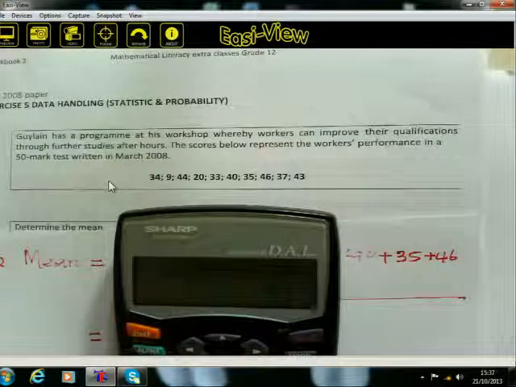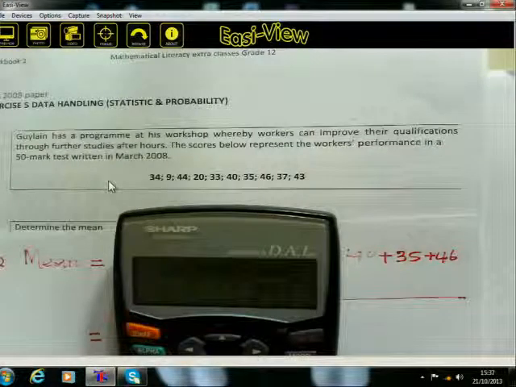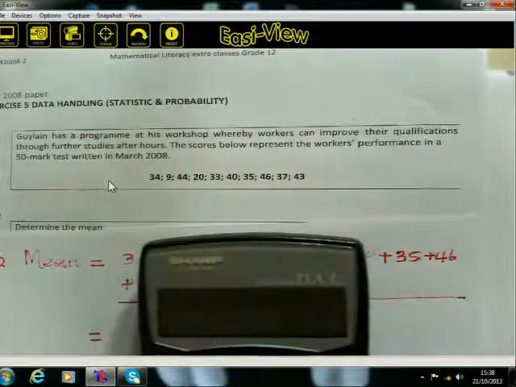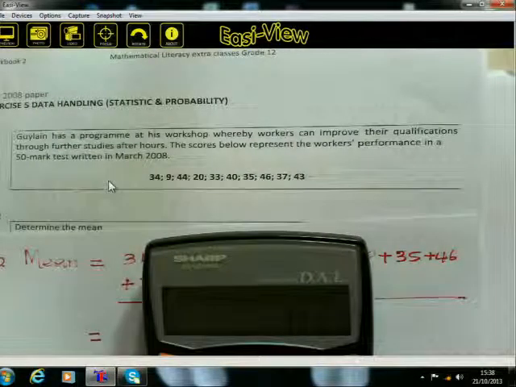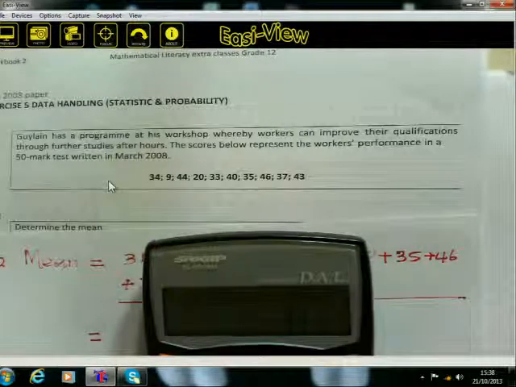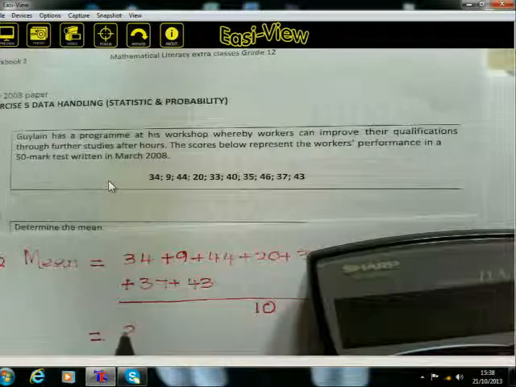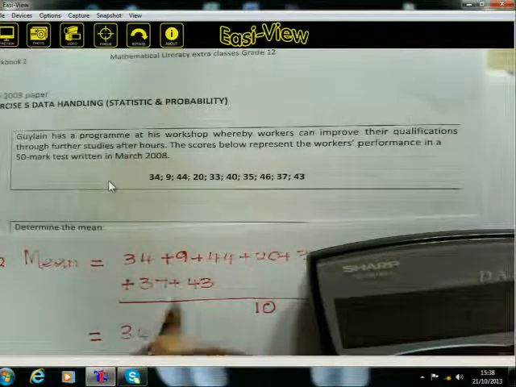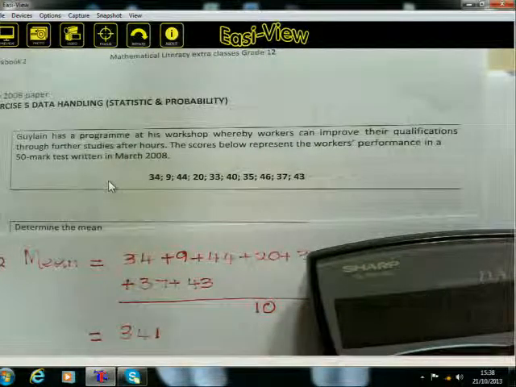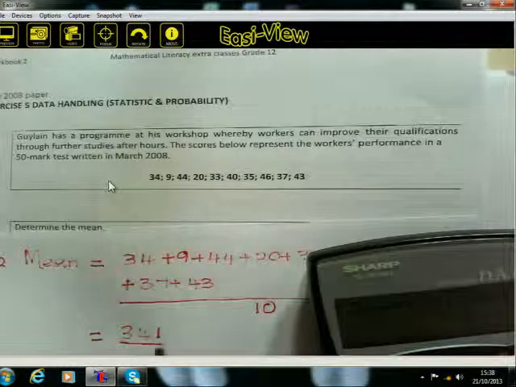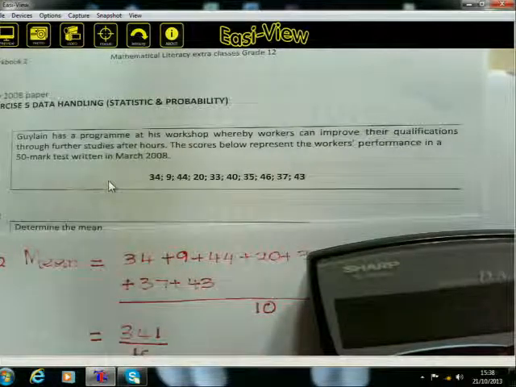Then equal sign. The sum of that value is 341. I believe you've got it. Let us write it down. It will be 341. Very important. Then you divide it by 10.